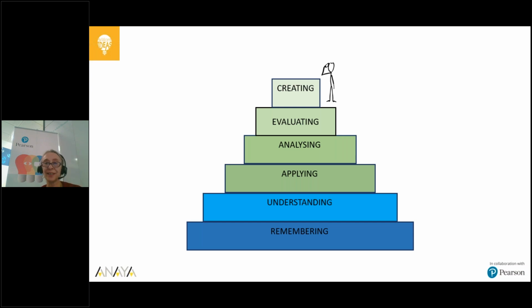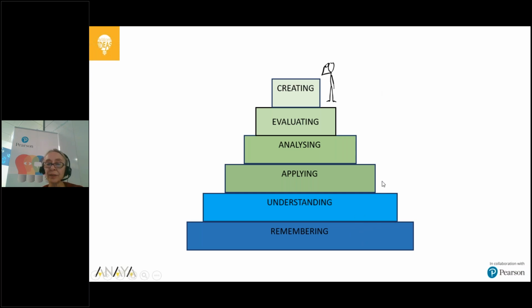Okay, this is the pyramid that's generally used to explain the taxonomy of learning skills. And we start here. The lower order learning skills are generally considered to be these two at the bottom. Remembering things that you already know, facts about the world, understanding them in a fairly basic way, being able to discuss them and summarize them.